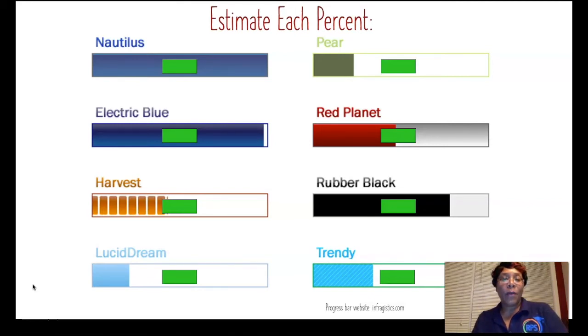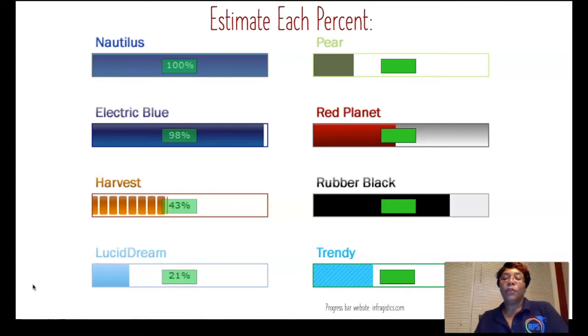All right, welcome back. So let's check your answers. And I'm just going to go through them. It's going to go down vertically. So the Nautilus, wow, 100%. Electric Blue, 98%. Harvest, 43%. And remember, this is an estimation. So if you said about 45 or 41 or 40, we're going to give you that one, okay?